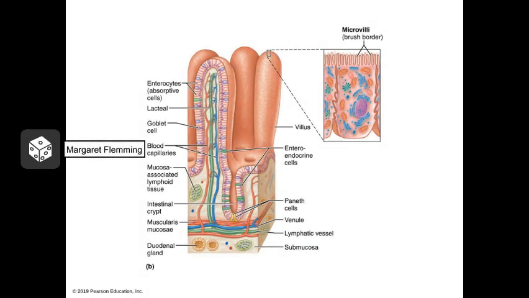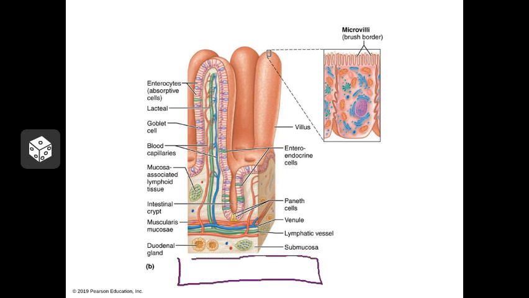So let's now talk about the key functions of the small intestine. Although we do not see the muscularis externa layer in this illustration, it would be deep to the submucosa. The muscularis externa of the large intestine engages in segmentation and a fairly slow peristalsis.